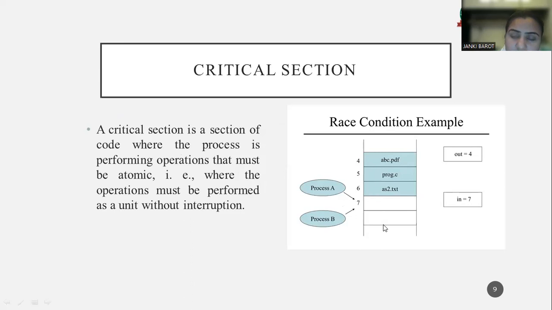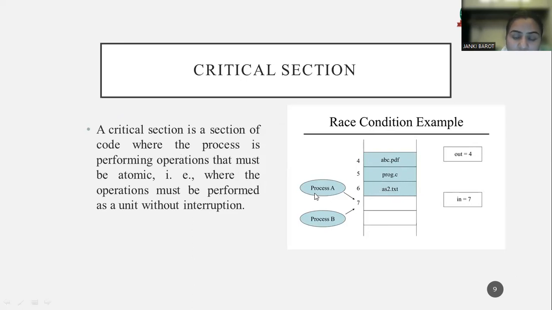In a spooler, abc.pdf, proc.c and as2.txt, these three files have already occupied slots.